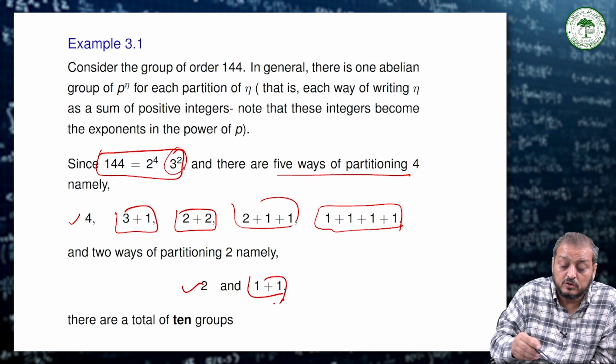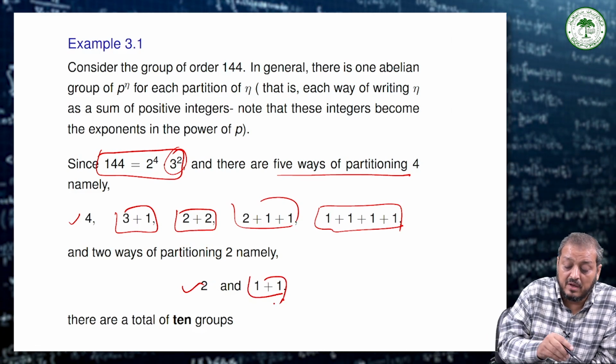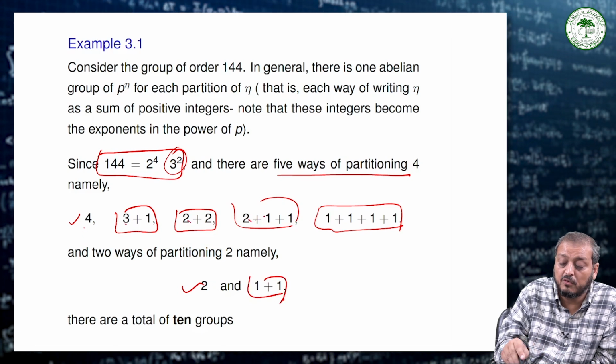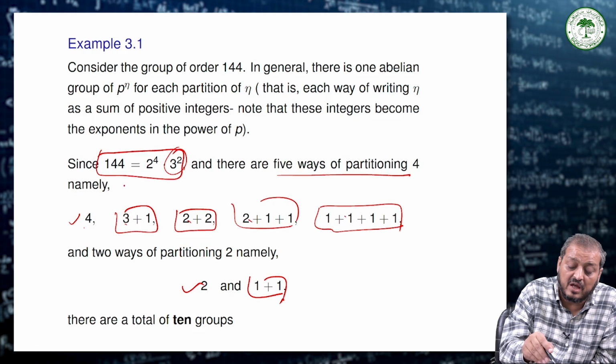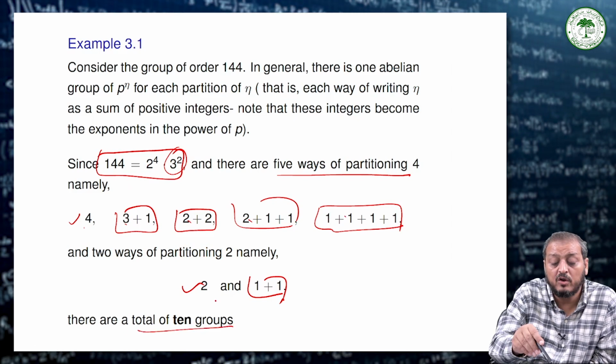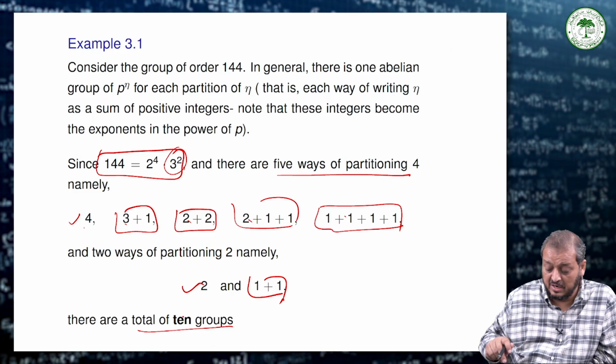So in total, you can check, we have 5 times 2, so there are a total of 10 groups we can write in this form.